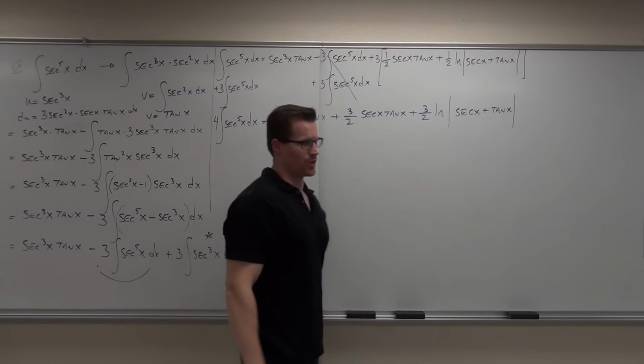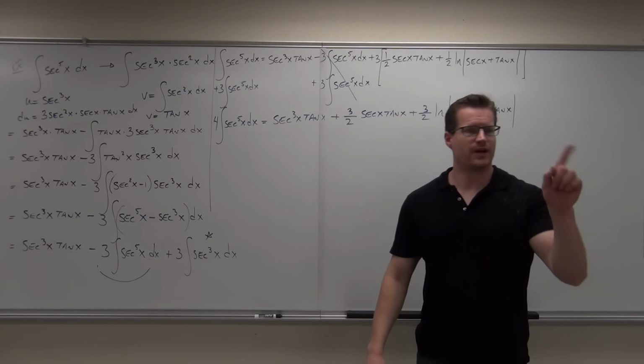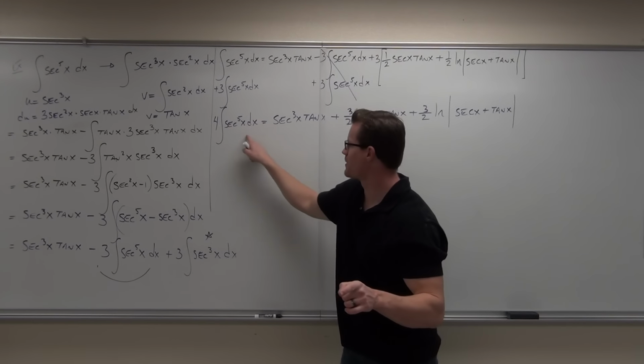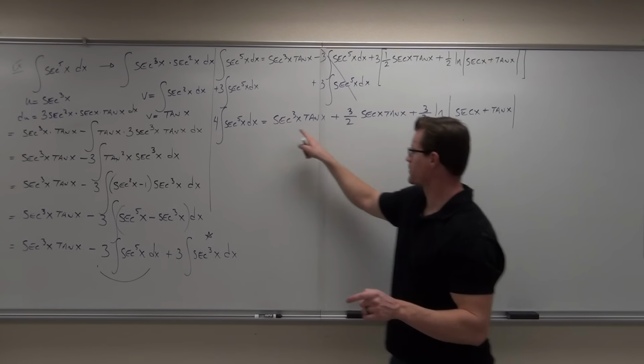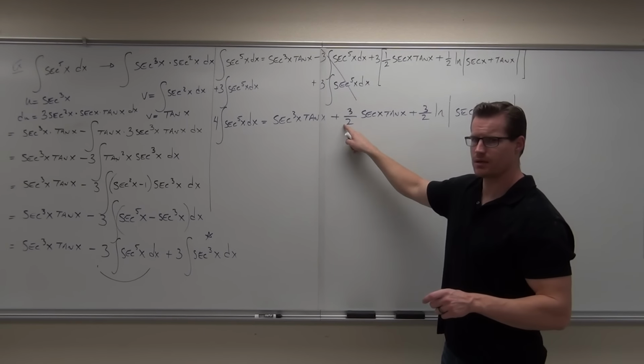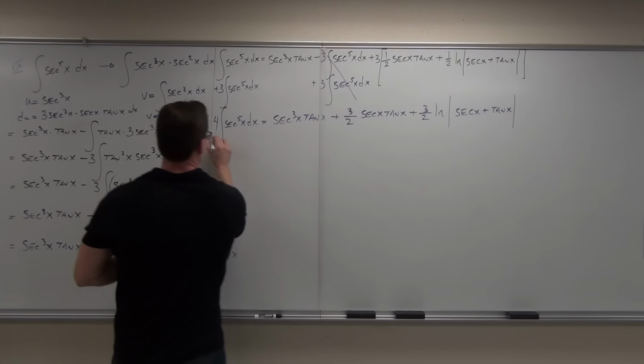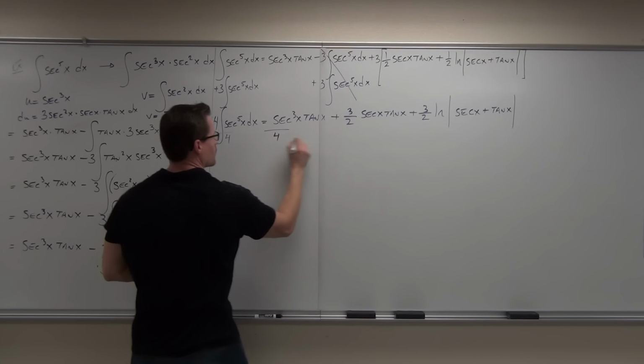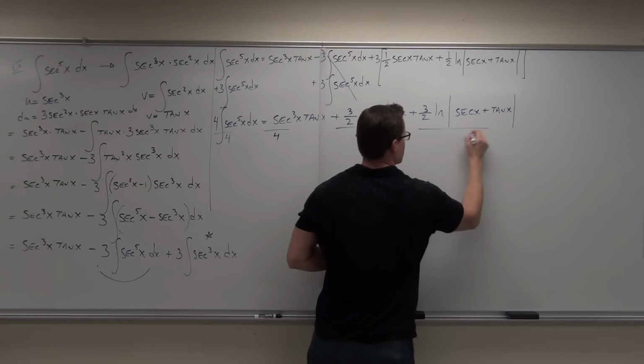What's the last thing I'm going to do? Divide everything by 4. So this gets divided by 4. This is going to be a 1/4. This will be a 3/8. Does that make sense if you divide by 4? So this gets divided by 4, divided by 4, divided by 4, divided by 4.